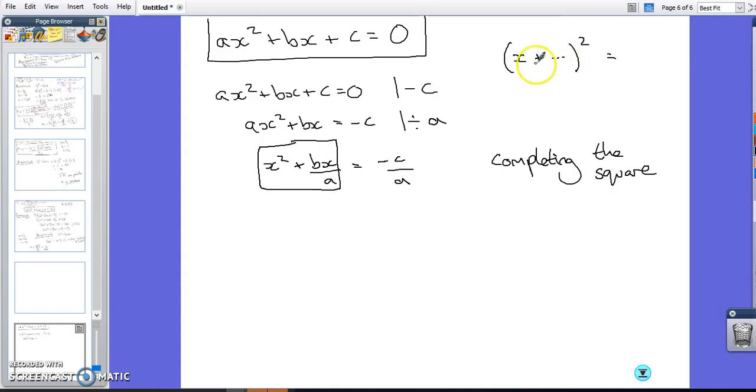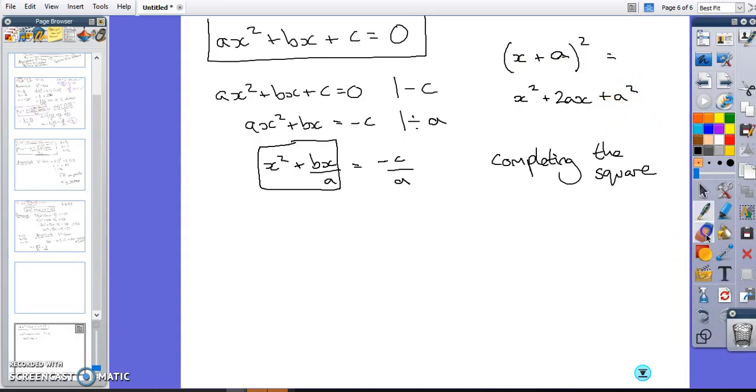Because if I can do that, then I get my squared away from my x, and then I can take the square root and it will be much easier to do. So if you remember, if I had, say, x plus a squared, then that would give me x squared plus 2ax, because of the two cross terms, plus a squared.